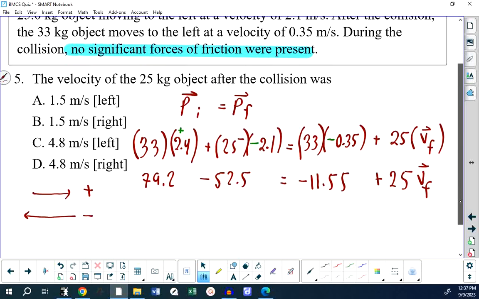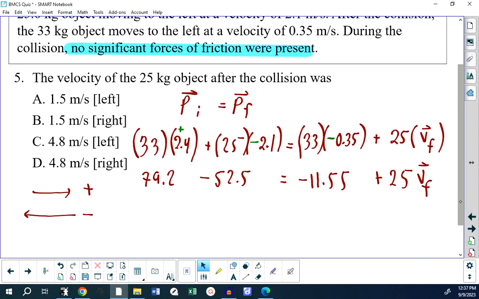The rest of this is pretty simple. You're going to simplify what we have on the left-hand side. Then you can add 11.55 to both sides and be left with 25 VF.